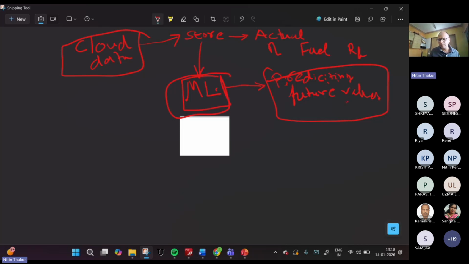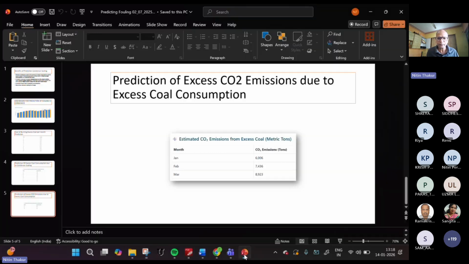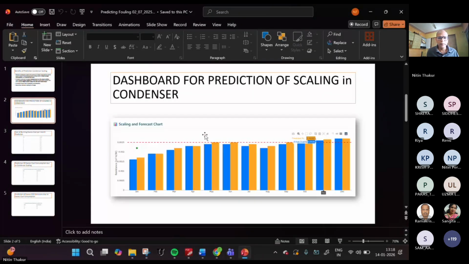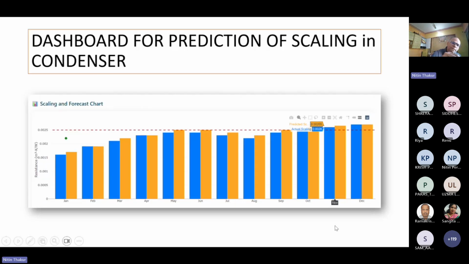So just to give you an example of the dashboard that I'm talking about, this is really that dashboard. The blue one is the actual data on the cloud. The yellow one is the predicted data by the ML model on the cloud.